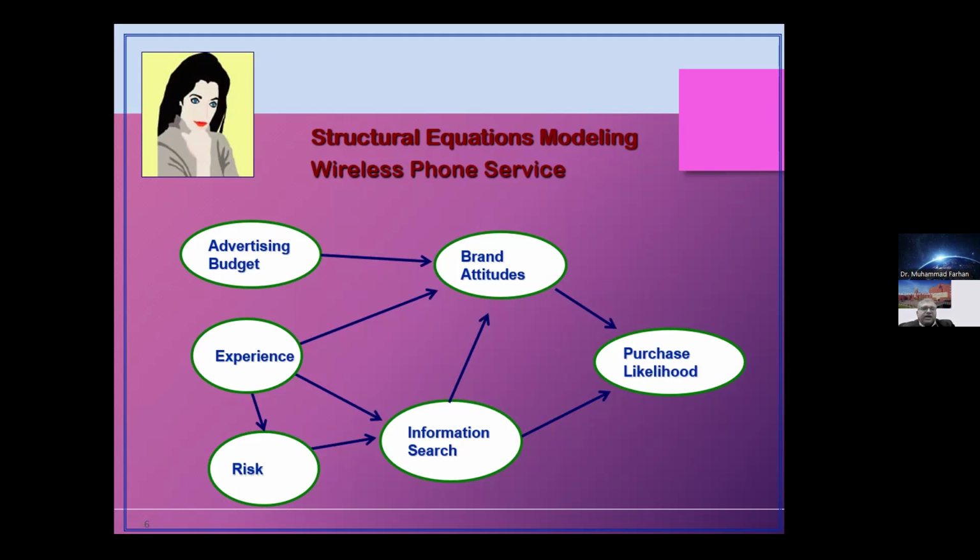Ultimately, brand attitude and information search land on purchase likelihood. If you count in total, we have about 9 arrows from the left side to the right side, and the ultimate outcome variable is purchase likelihood.